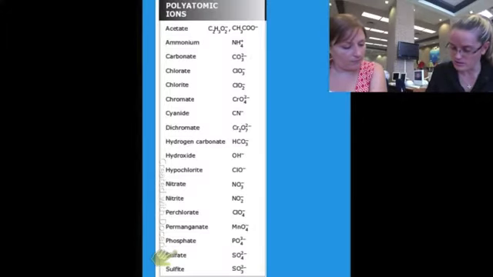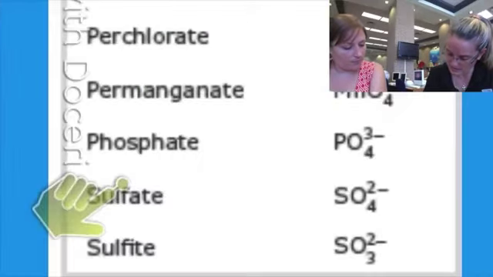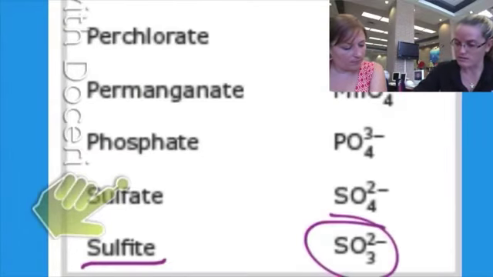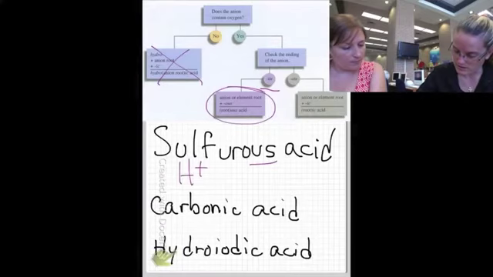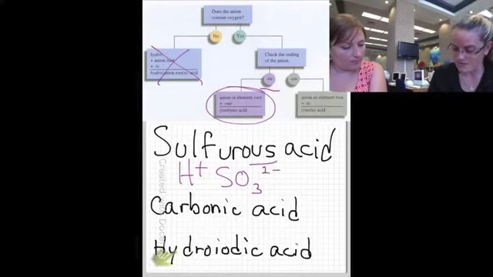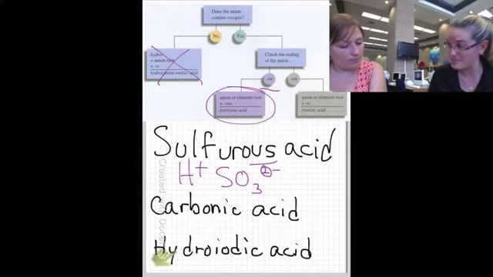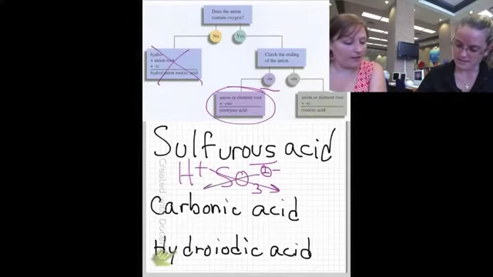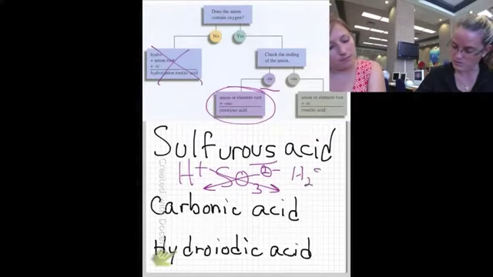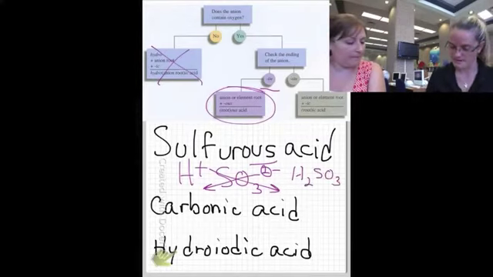So I'm going to go to my chart and find sulfite, which is SO3 with a -2. So I've got SO3 with a 2-, and when I crisscross, I don't have to worry about bagging and tagging because that's a 1 and I don't have to write 1, so I bring that 2 down below. Right, so you got it. Keep rolling. H2SO3. Yep. Perfect.